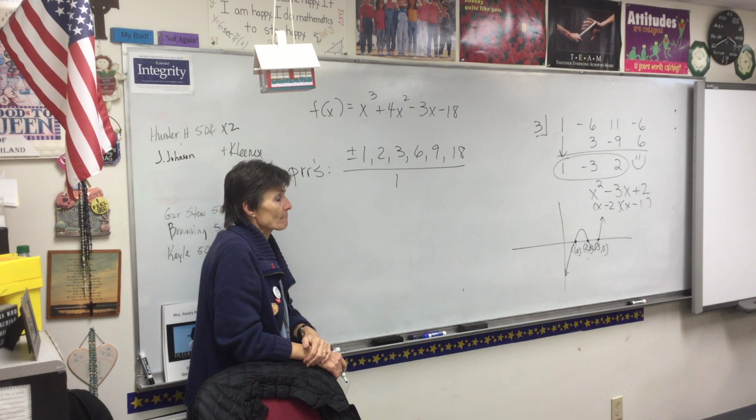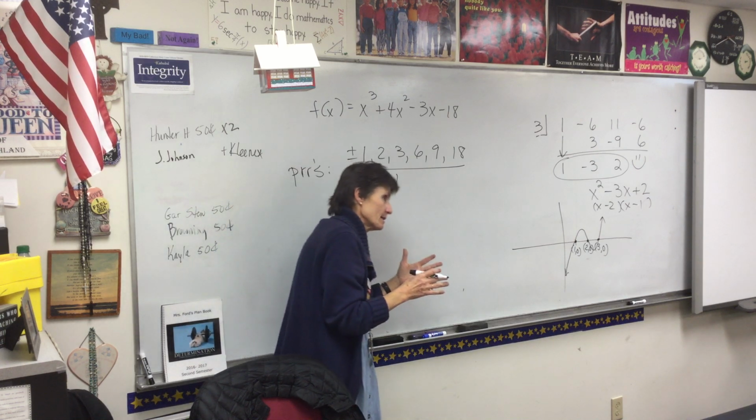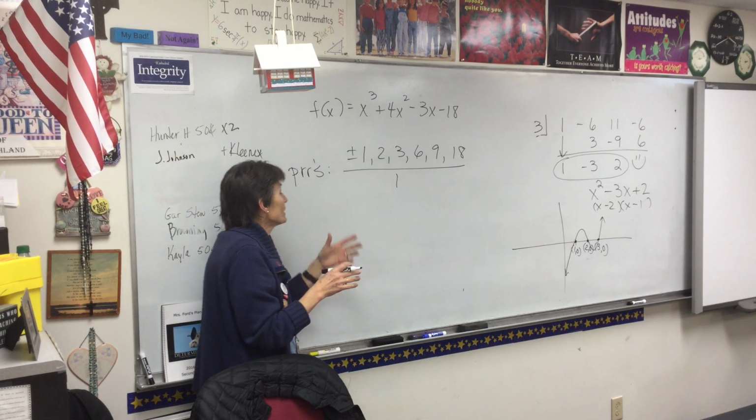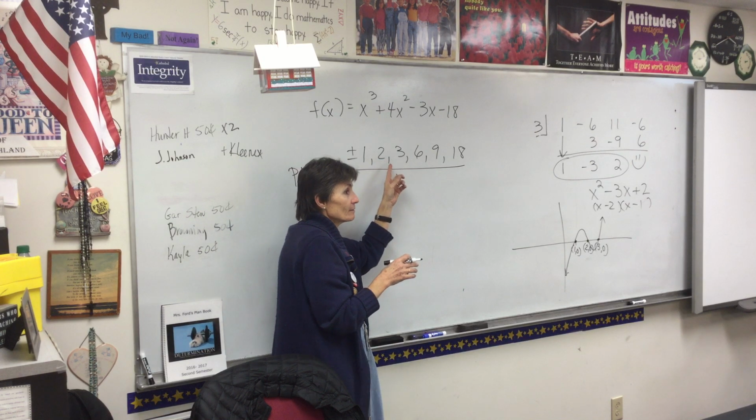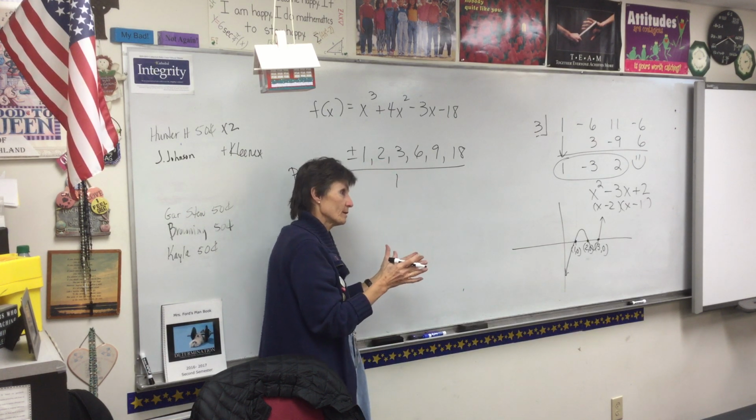Would you say it's smart to choose lower numbers? I do. Usually, honestly, 1 or -1, 2 or -2, 3 or -3 are going to work.